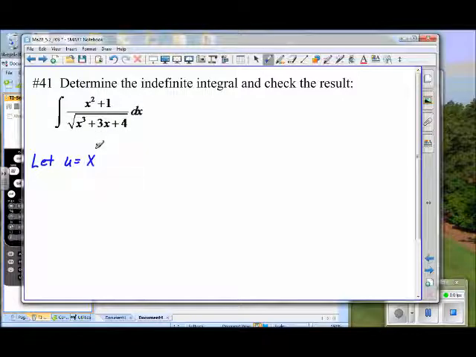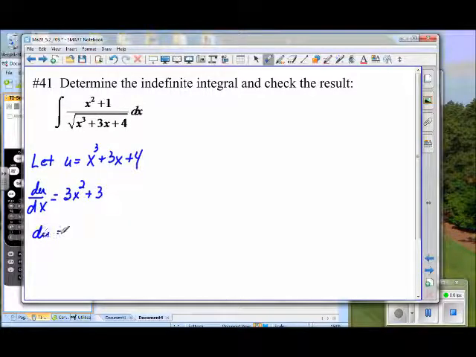So it would be x cubed plus 3x plus 4. Take the derivative with respect to x, and we would have 3x squared plus 3. Multiply both sides by the differential, so we have 3x squared plus 3 dx.